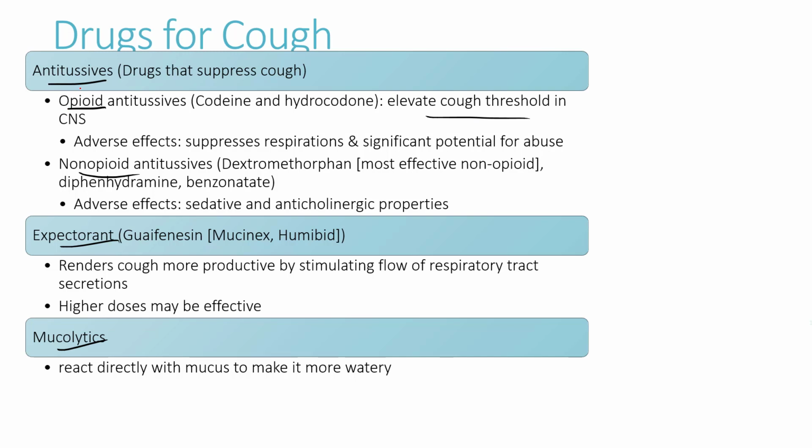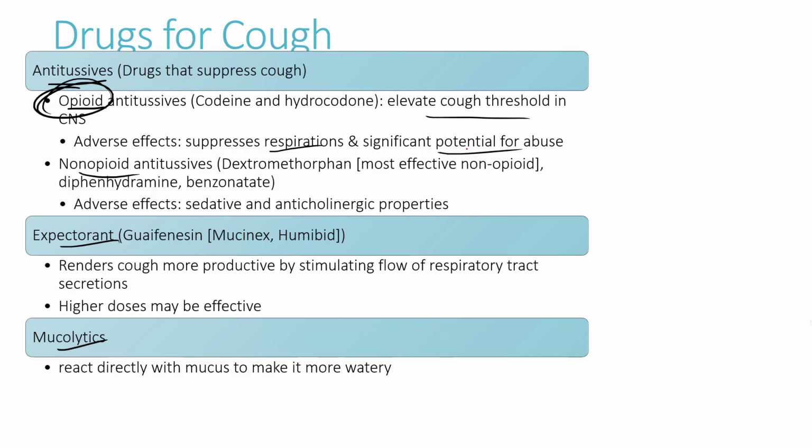And you can see here, because they're opioid agonists, it can also lead to respiratory depression, and because they're opioids, they have significant potential for abuse. However, I should say that the doses used for opioid antitussives are a lot lower than those doses used for opioids as an analgesic.